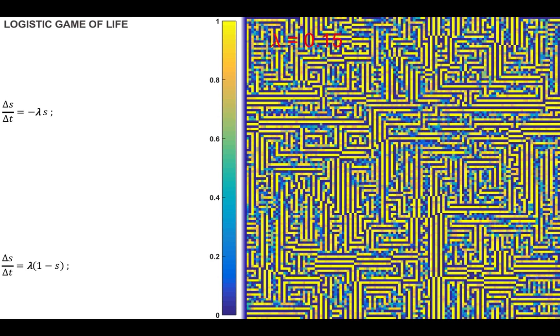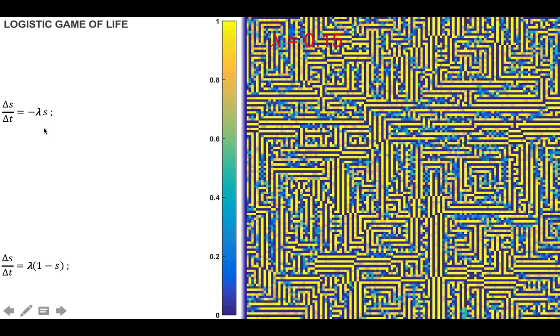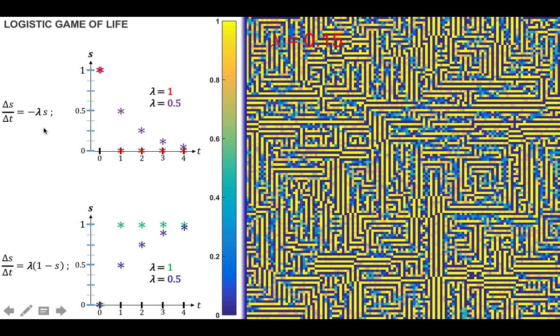So what this lambda is doing is, when lambda is 1 and there is a decay, you go straight from 1 to 0. However, when lambda is something like 0.5, you have an asymptotic decay. Similarly, when you have growth, you go straight from 0 to 1 when lambda is 1.